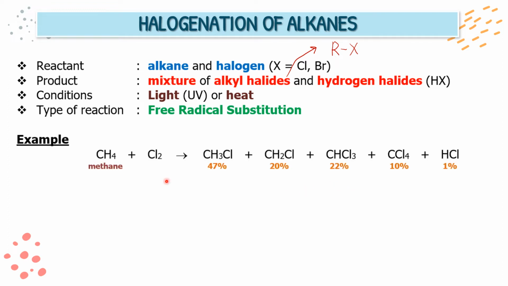This is an example of a chemical reaction of halogenation of methane, where methane is added with Cl2. As you can see over here, we have several products: CH3Cl, CH2Cl2, CHCl3, and CCl4, and HCl as a side product.